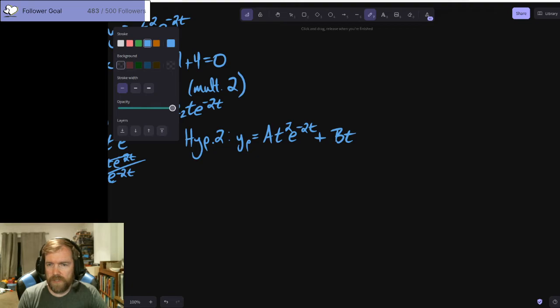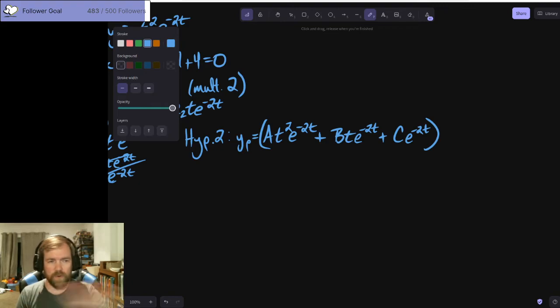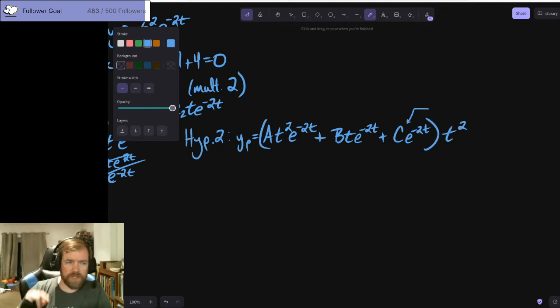At squared e to the negative 2t plus bt e to the negative 2t plus c e to the negative 2t, and then we say that we need to multiply this whole thing by t squared in order to get our lowest term to not be in the null space.